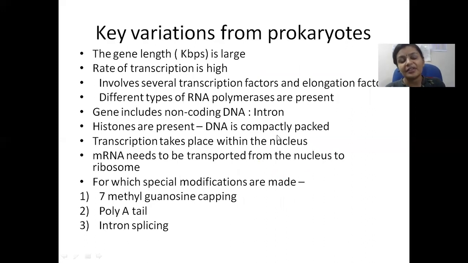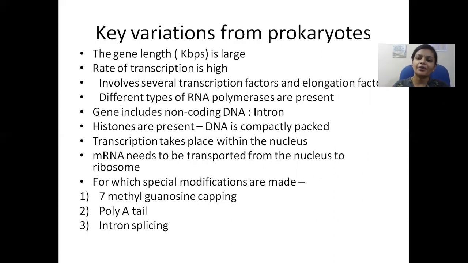So what are the differences between the transcription processes which happen in prokaryotes and eukaryotes? What are the variations? The first variation is that the length of the DNA which is getting transcribed is enormously large when compared to that of a bacterium. In bacteria, or prokaryotes in general, the genome size itself is very small compared to that of any eukaryote.